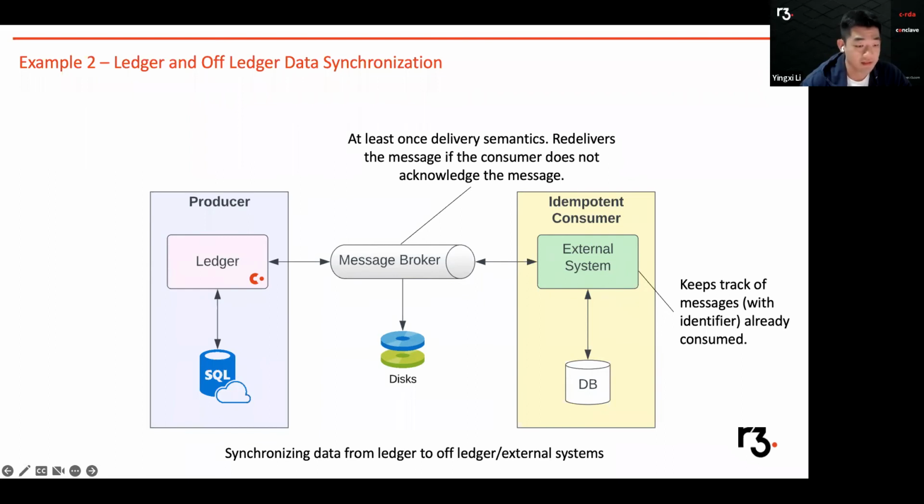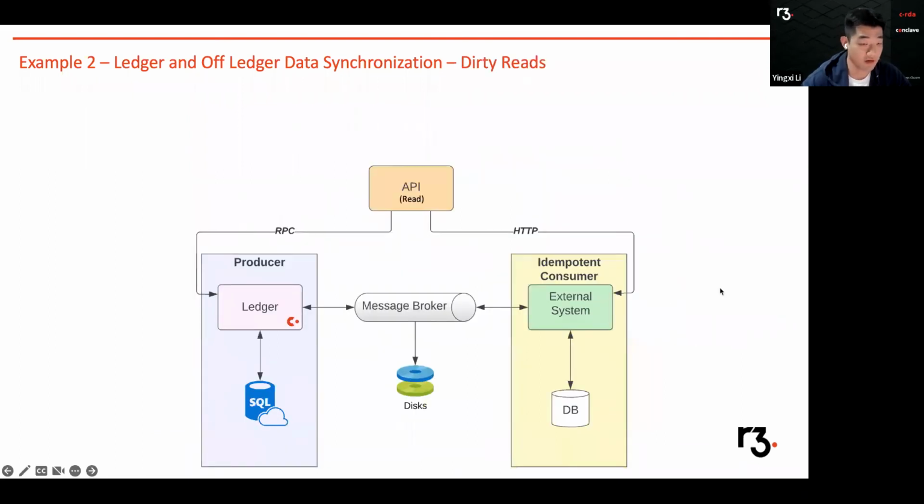But in a real production environment, sometimes or most of the time, what we see our customers doing is they have APIs or web apps, the end-user applications. They will query the ledger directly, and also the external consumer system, the database, doing it together.